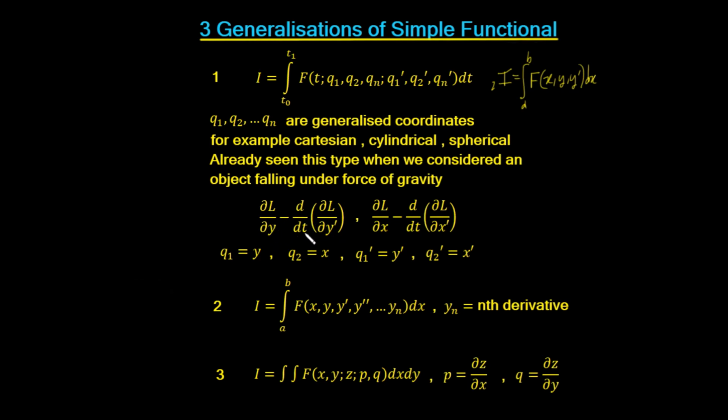In this instance we have an Euler-Lagrange equation we can work out for the y-coordinate, and an Euler-Lagrange equation we can work out for the x-coordinate. In terms of the equation above, our q1 would be equivalent to y, our q2 would be equivalent to x, our q1 dash would be y dash, and our q2 dash would be x dash.